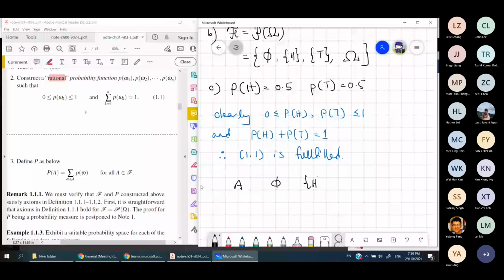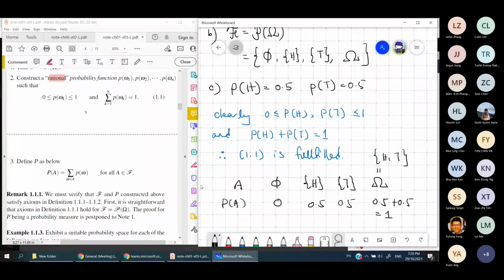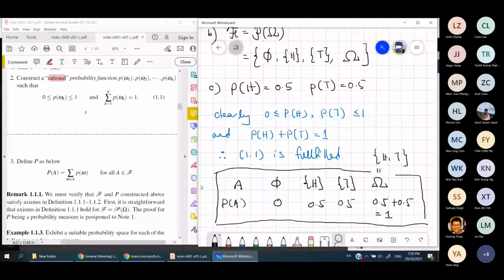So what is our P(A)? For the empty set, it is always 0. For H, there is only one element, so this is 0.5, and this is 0.5. Omega actually consists of 2 of them, H and T, so it's 0.5 plus 0.5, which is 1. So we can describe the probability measure by using this simple table here.